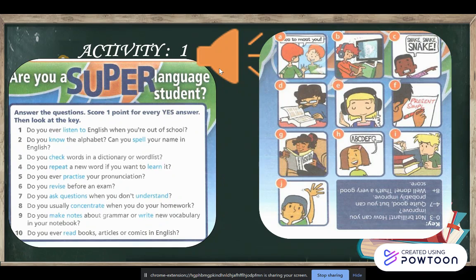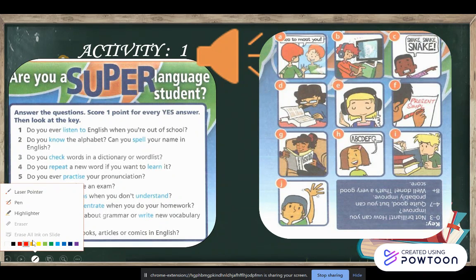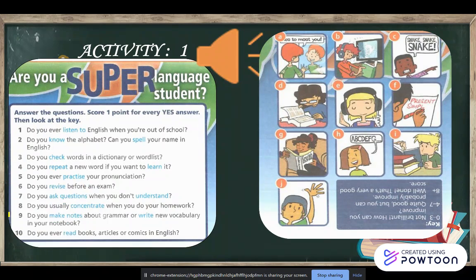Unit 4. Vocabulary and Listening. Exercise 1. 1. Do you ever listen to English when you're out of school? E. 2. Do you know the alphabet? Can you spell your name in English? H. 3.